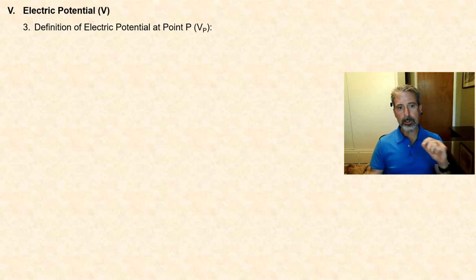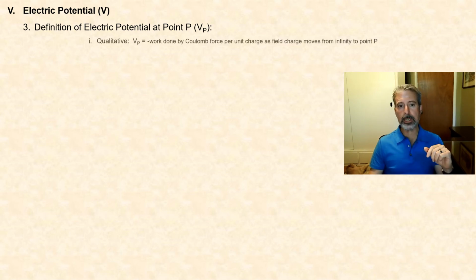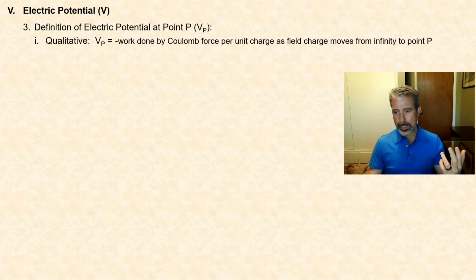Let's say here that the definition of the electric potential at a point P will symbolize V sub P. Qualitatively speaking, remember, electric potential difference and now electric potential will be the opposite of the work done by the Coulomb force per unit charge as the field charge moves from infinity to point P.